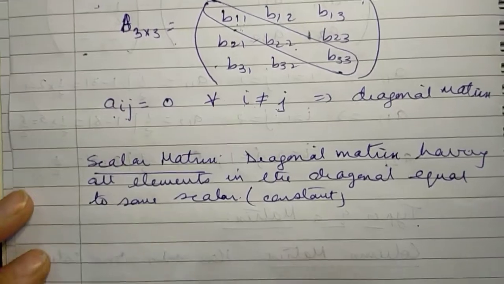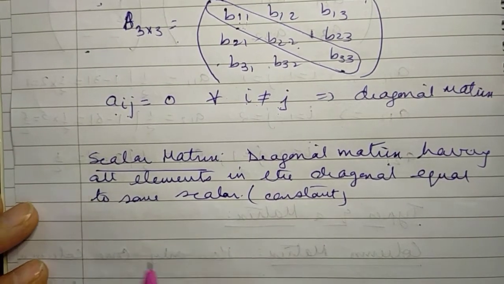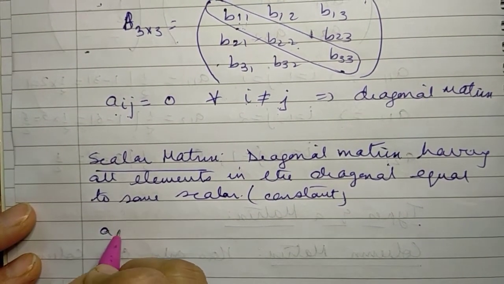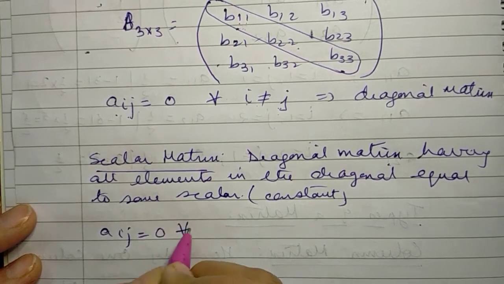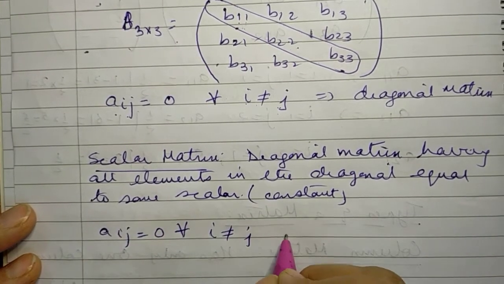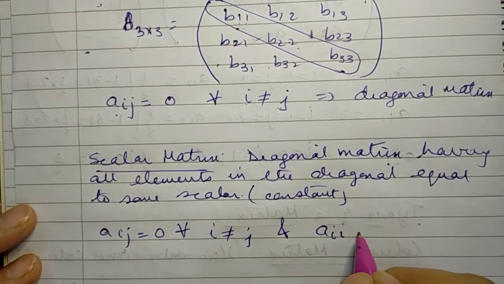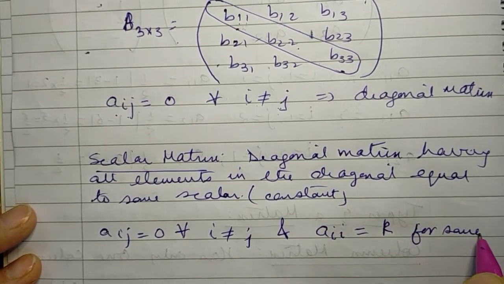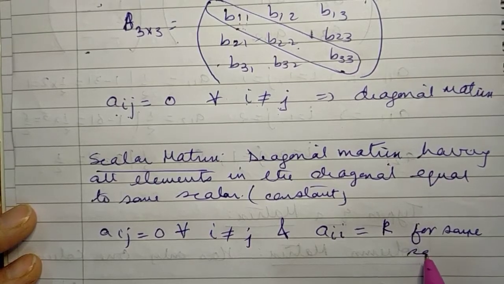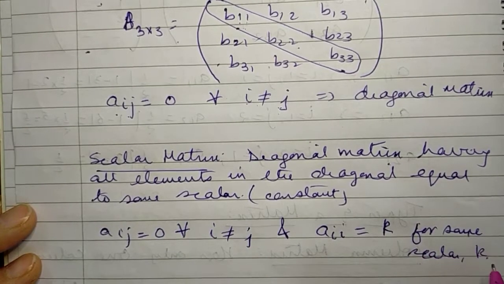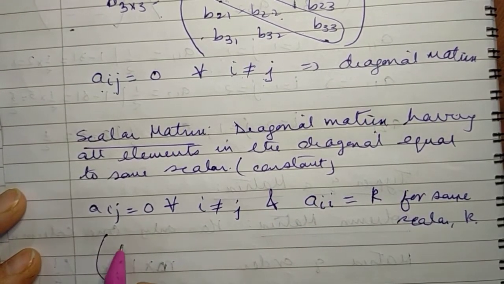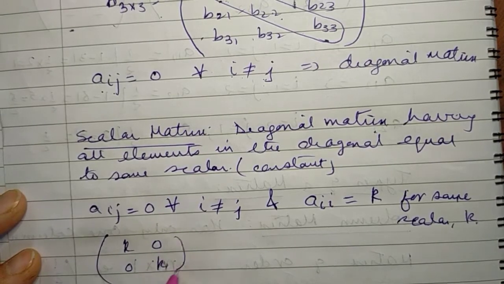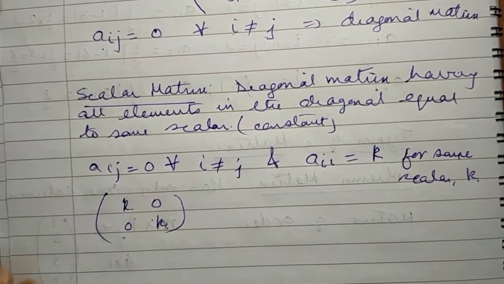That is, it's a diagonal matrix, meaning aij is equal to 0 for all i not equal to j, and aii equal to k for some scalar k. For example, k 0 0 k is a scalar matrix.